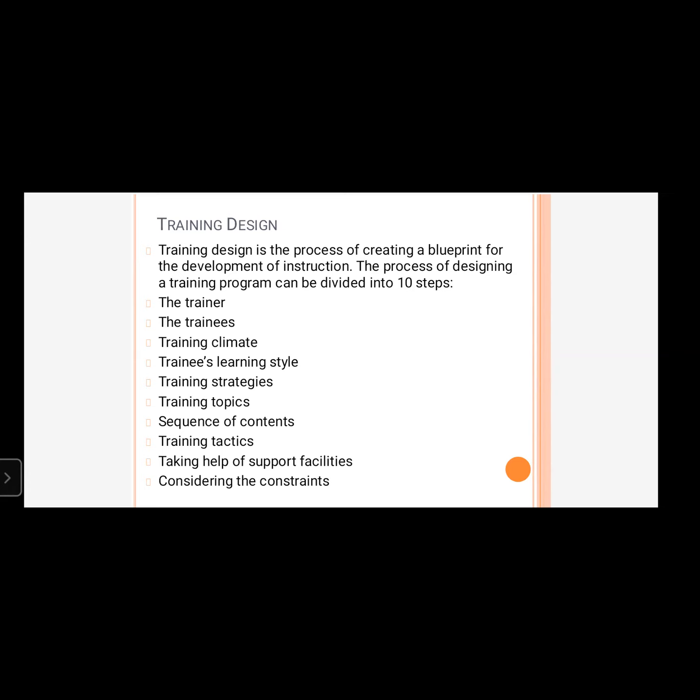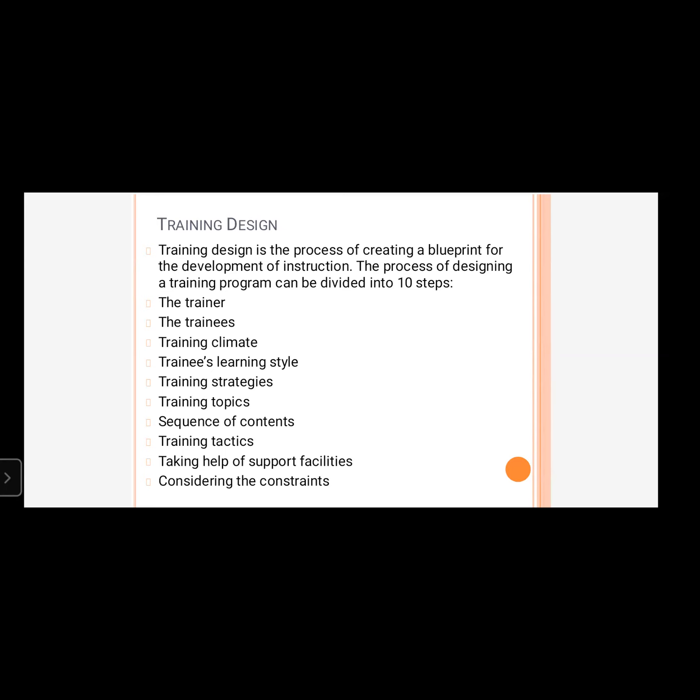Trainees' learning style means how the trainees will enjoy the learning. Whether they will enjoy the learning with the help of the lecture method, or the case study method, or the discussion method, or the role play method.